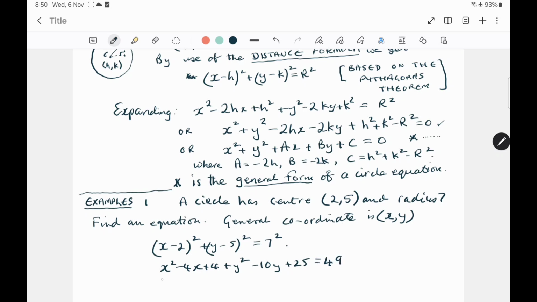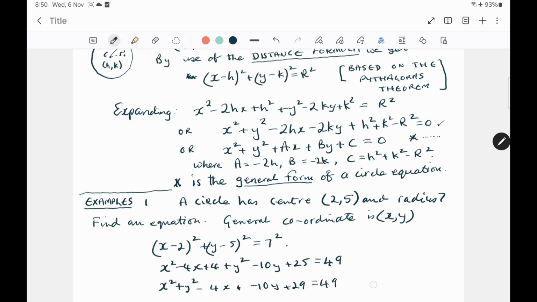And rearranging that, we get x squared plus y squared minus 4x minus 10y plus 29 equals 49.